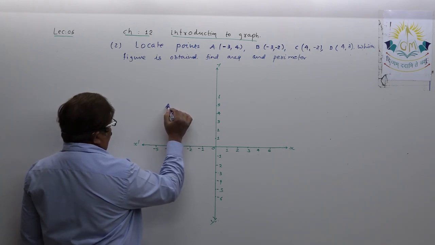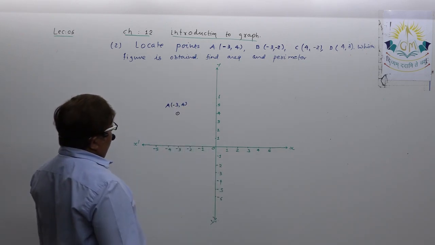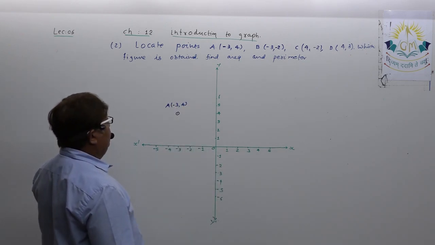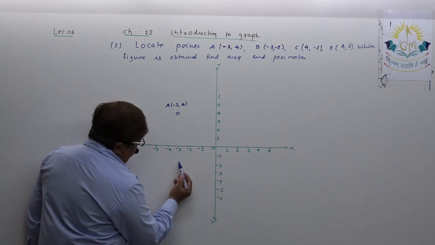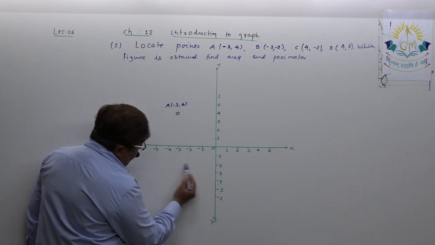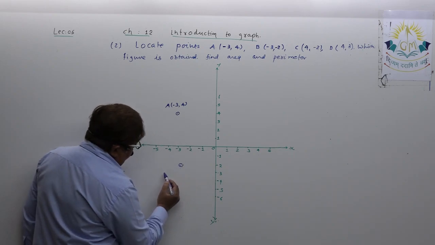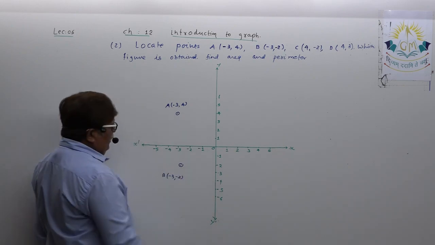This is A minus 3 comma 4. What is B? Minus 3 comma minus 2. X coordinate minus 3, y coordinate minus 2. So you already got the second point, B minus 3 minus 2.